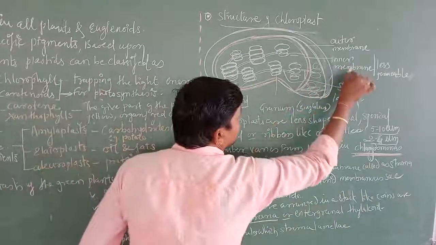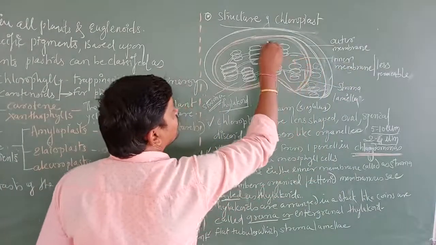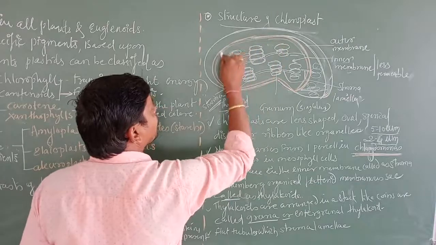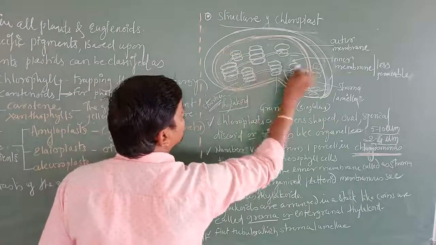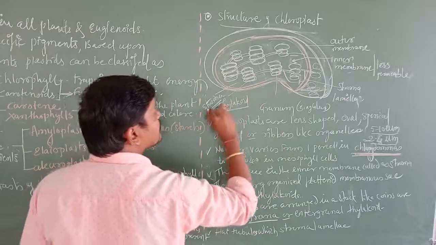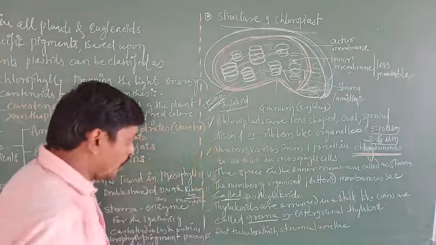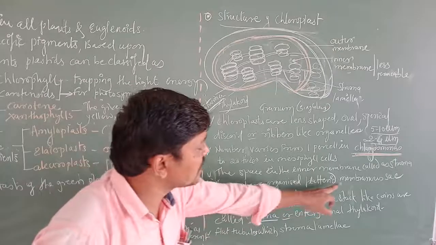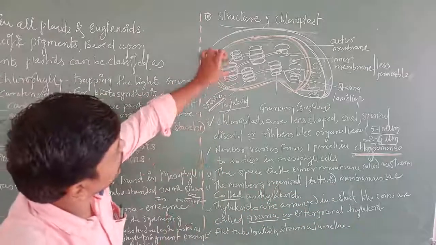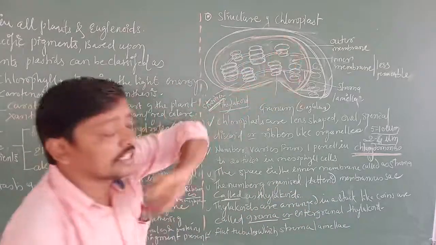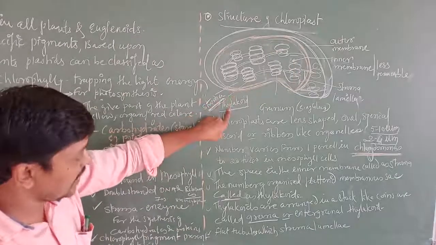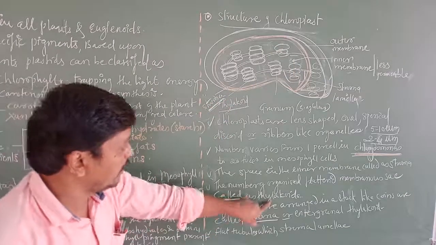This is the inner membrane, and inside it you are going to have this space. This complete space we call the stroma, and in the stroma you are going to get the number of organized flattened membranous sacs. Those are called thylakoids.